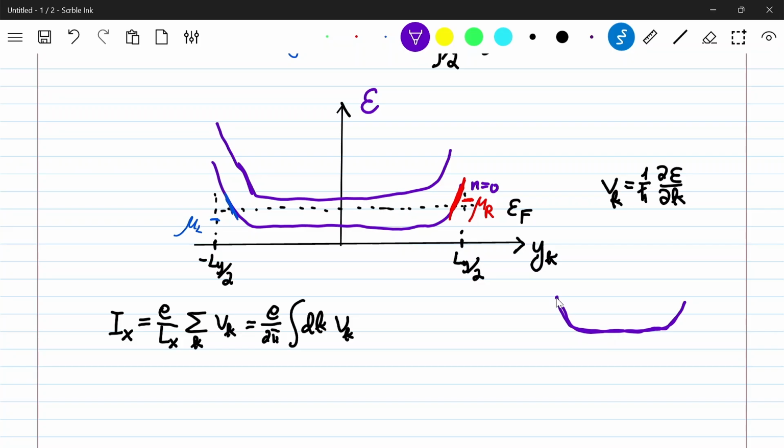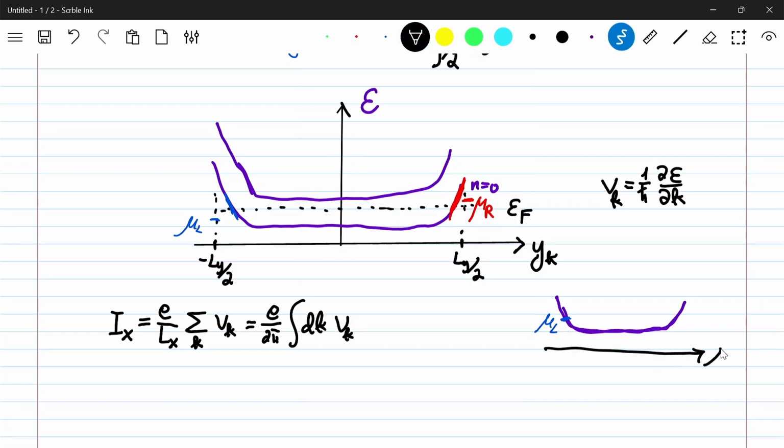It looks something like this. But we have a different chemical potential on each side.